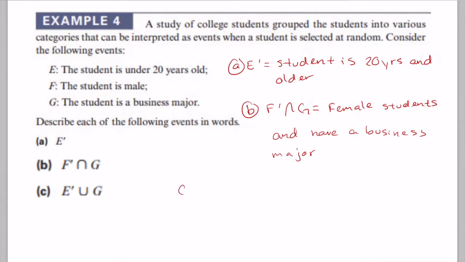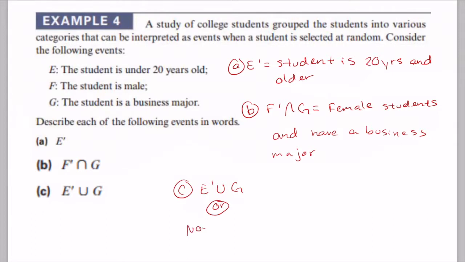And C, it's E complement union G. So the student must be under 20 years, so they must be older than 20 years. And G is the student is a business major. So students with 20 years, so remember this is "or". So this is a little bit tricky.